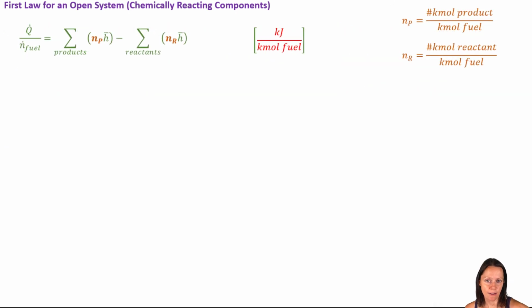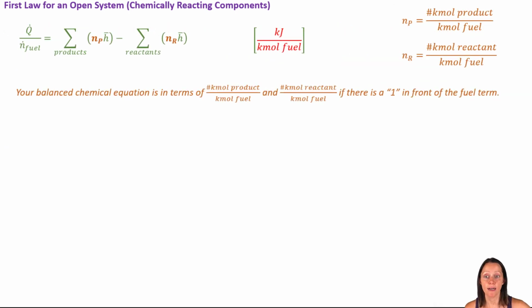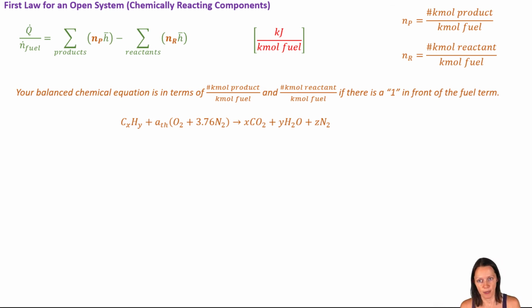And why is that convenient? Because I have a balanced equation that is essentially written like that. If I've got a hydrocarbon plus a theoretical amount of air, or maybe excess air, whatever, those X, Y, and Z are written in terms of kilomoles of product per kilomole of fuel, because I've got 1 in front of that hydrocarbon.